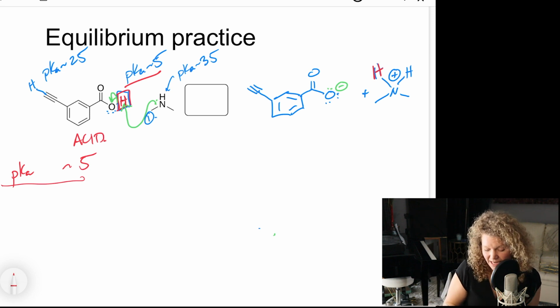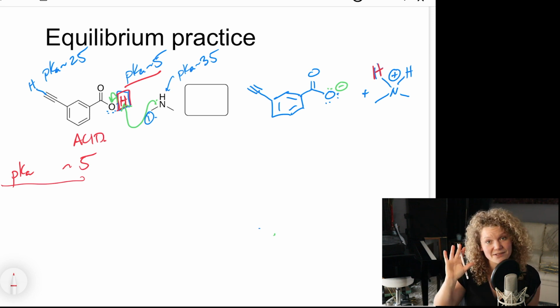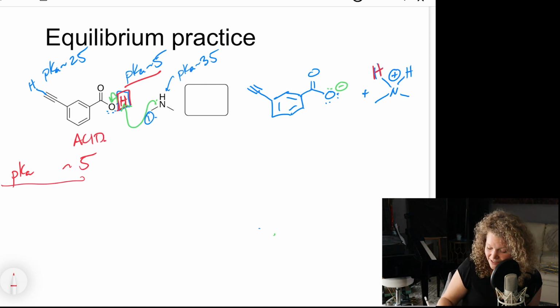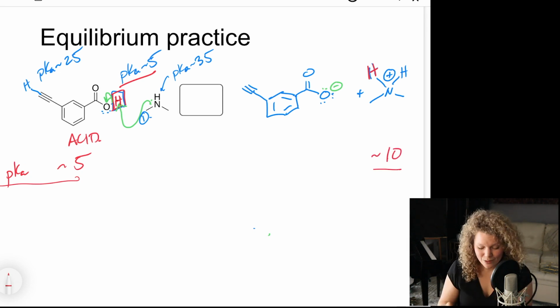We decided the pKa of this molecule on the left is 5. It's the most acidic proton on the molecule. And on the right side, we see that we have the proton here on an ammonium cation. The pKa of this proton is around 10. Now we can analyze this reaction because we know the pKa's of the most acidic proton on either side.